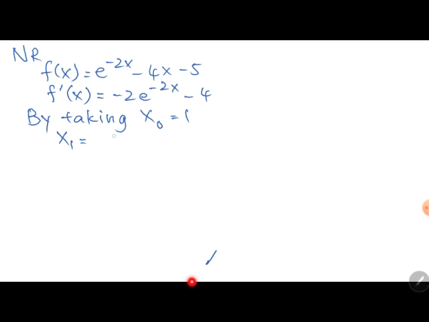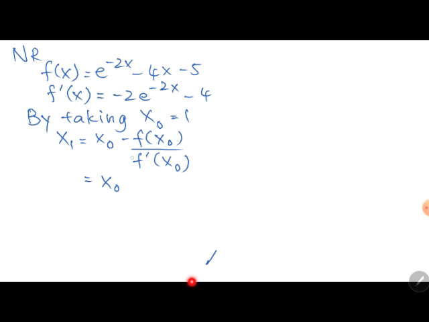So by taking x naught as 1, the first estimate x1 is x naught minus f of x naught divided by f prime of x naught. Essentially you key in 1 on your calculator and save it as your answer.